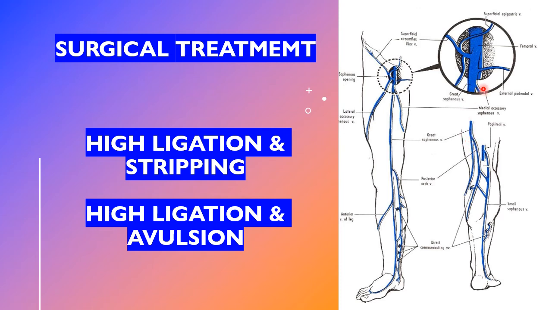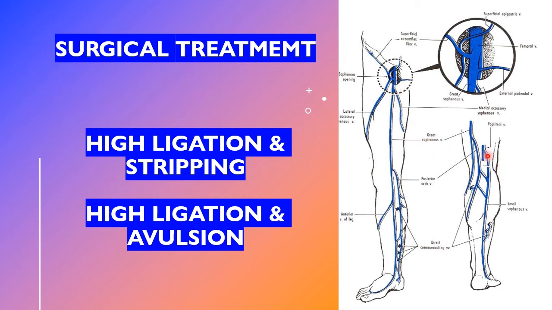Then a catheter known as a vein stripper, a metallic vein stripper, is inserted into this long saphenous vein all the way down to the ankle if possible, but in most cases at least until the popliteal region. Then you pull the stripper upwards from the incision here until the whole vein is stripped and removed from the leg.